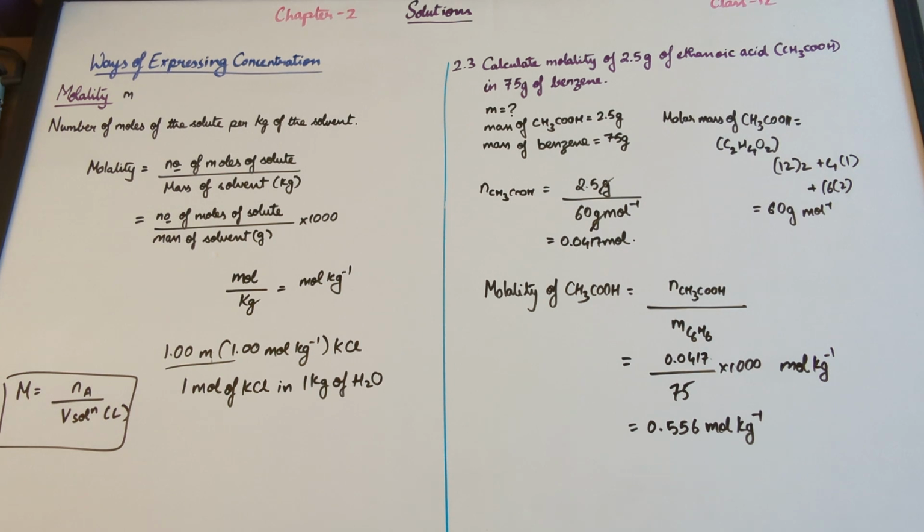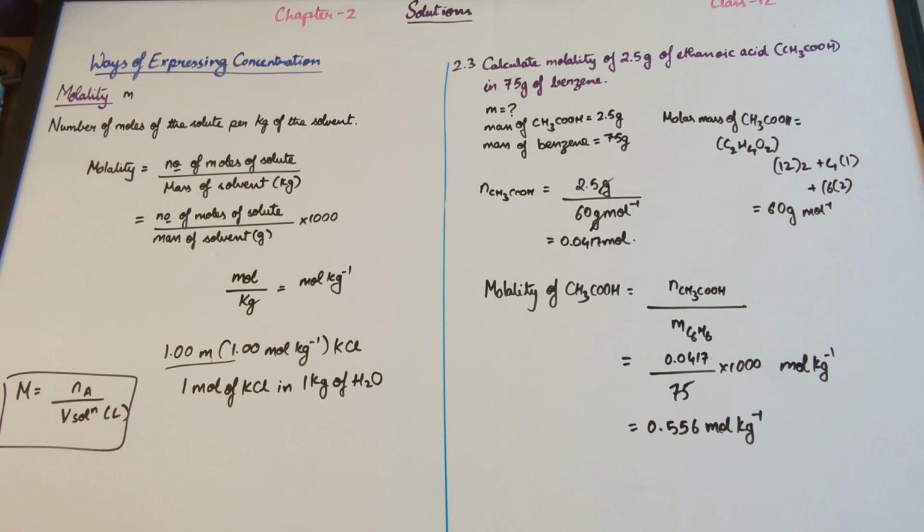So the volume changes with change in temperature, and because of that, molarity itself is dependent on temperature. The molarity of a solution at 20 degrees Celsius will be different from its molarity at 50 degrees Celsius, because there is a change in the volume itself.